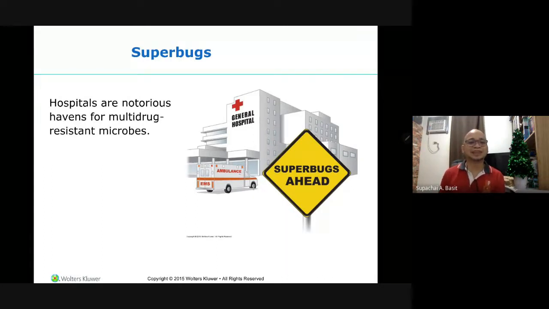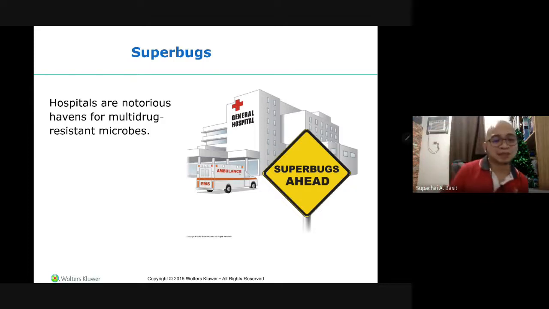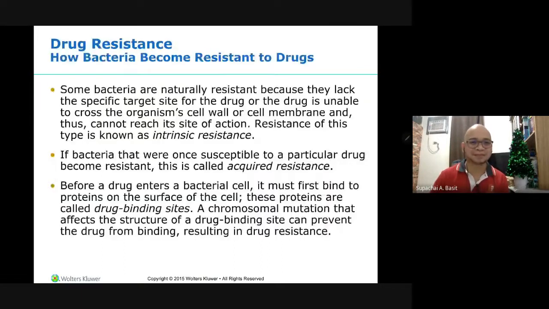So that's the reason why, if you become a nurse in the future, this one you have to avoid. You have to be trained for infectious diseases, and you do not want to spread superbugs to your patients. And you do not want to get superbugs from your patients.